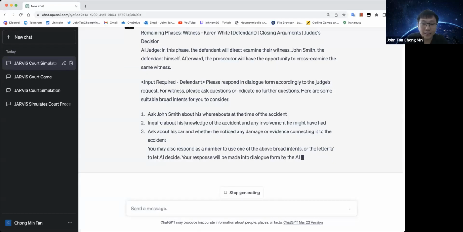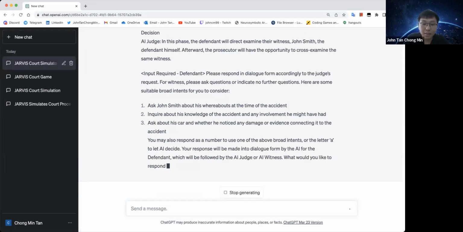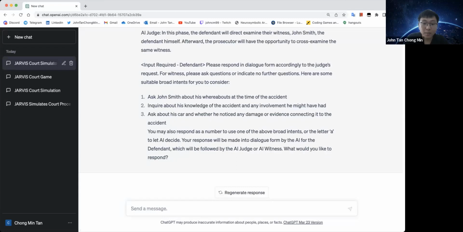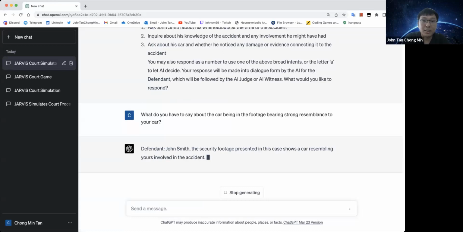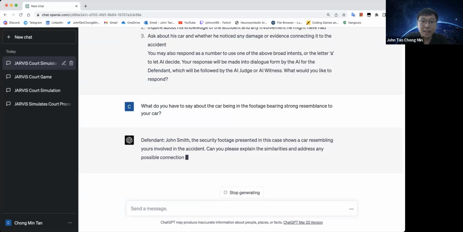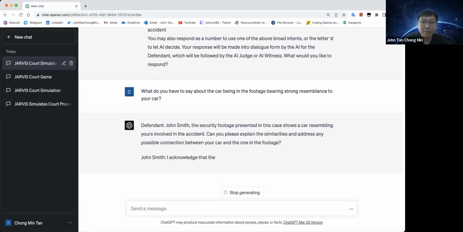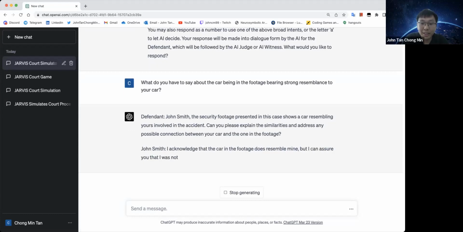So we can ask, what do you have to say about the car in the footage bearing strong resemblance to your car? Because I think this is the key point. If his car had the same features, we can implicate him already, I guess.